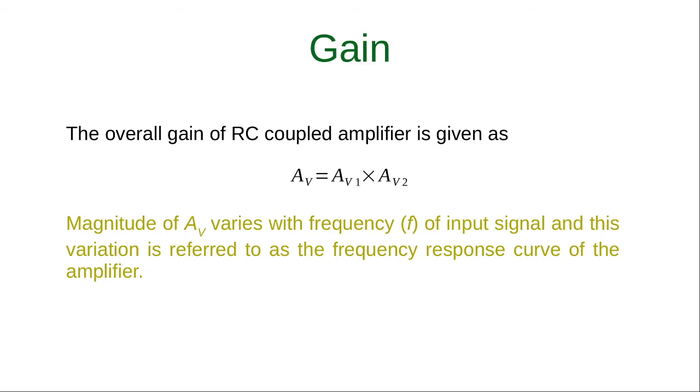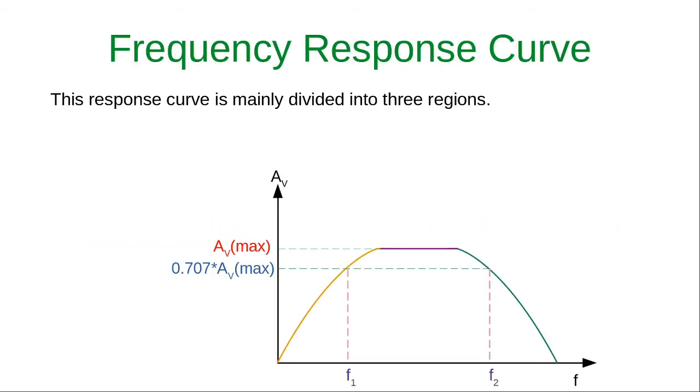Practically, the voltage gain AV of an RC coupled amplifier depends on the frequency range over which the amplifier is used. The variation of the magnitude of AV with the frequency of the input signal is known as the frequency response curve of the amplifier. Let us discuss the frequency response curve of the amplifier.